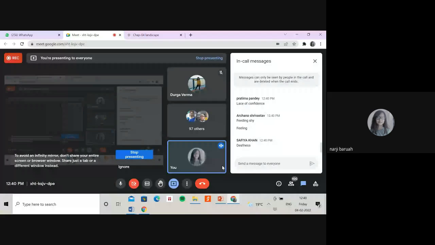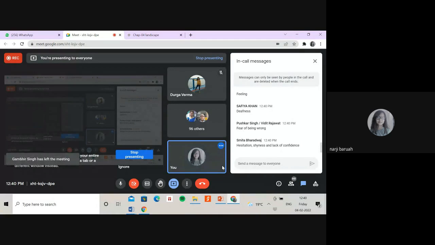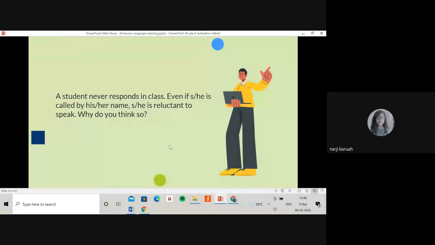Deafness, yes. Hearing difficulty, lack of confidence. Yes. These are the issues that we might assume, or we see that when a student never responds in class, he or she is either shy, hesitant, or maybe that student might not have understood our question.